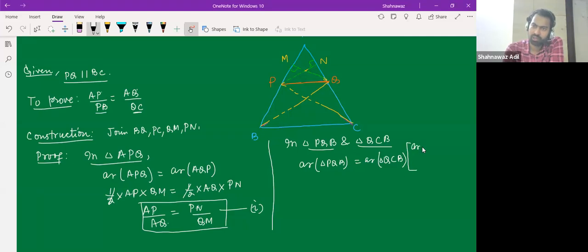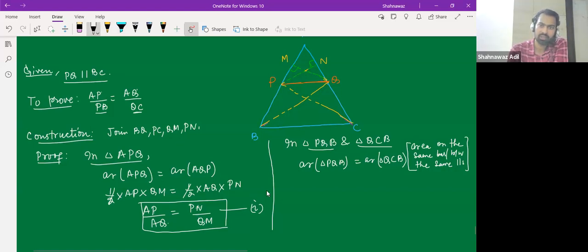So areas of triangles on the same base and between the same parallels are equal. So we have two parallel lines, PQ and BC, and these PQB and PQC are two triangles on the same base and between two parallels. So that is why these two areas are equal.